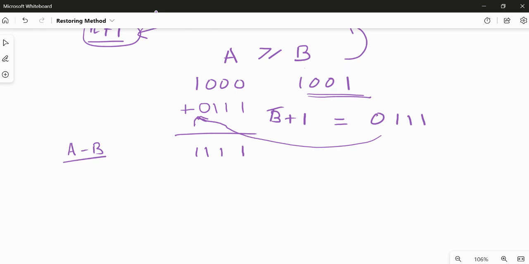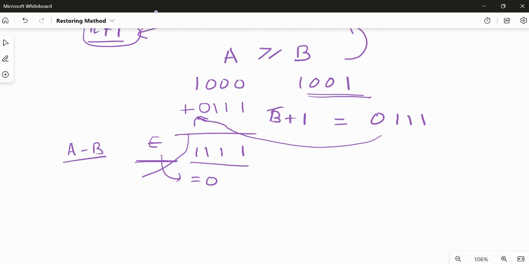Here no end carry is generated. The result of the subtraction is of n bits when we take two n-bit operands. So this additional bit, let us call it E, the end carry bit. So E is clearly 0 for this example. No fifth bit is generated, so E is set to 0.